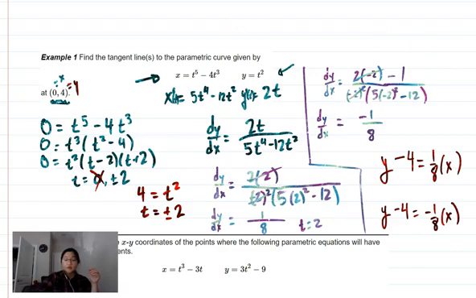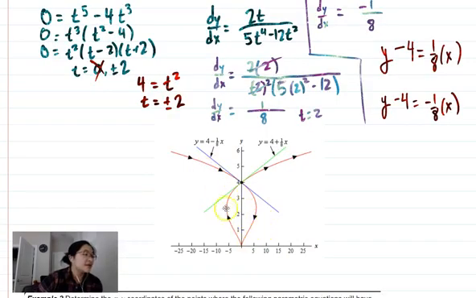And so we end up with actually 2 different tangent lines at the exact same point. Let me pull up a picture to make this make a little more sense. The red curve is the parametric curve.